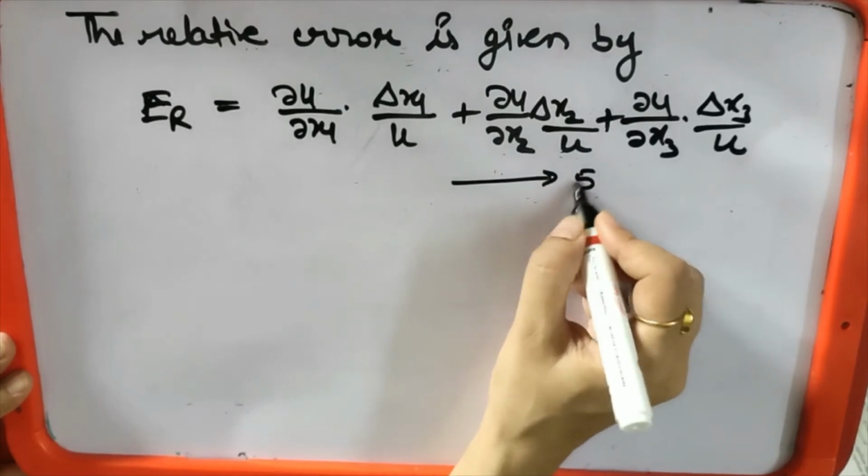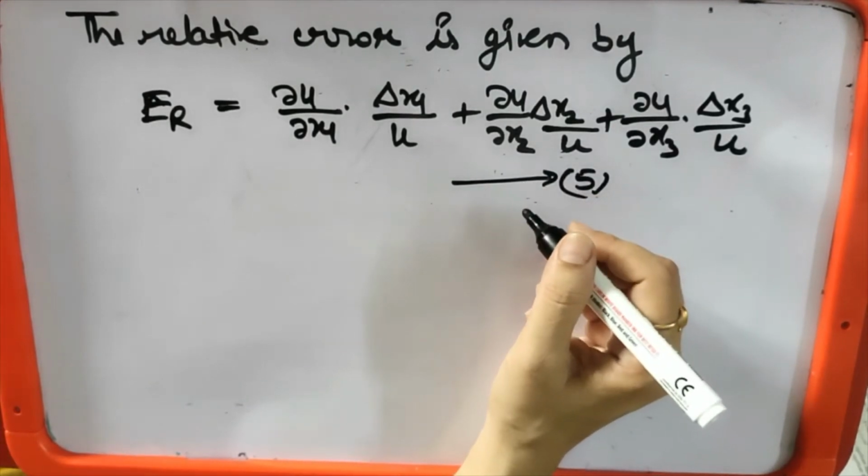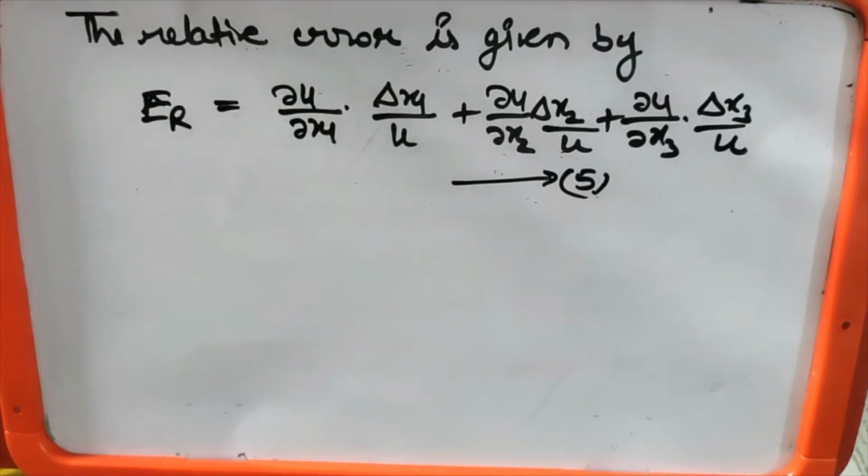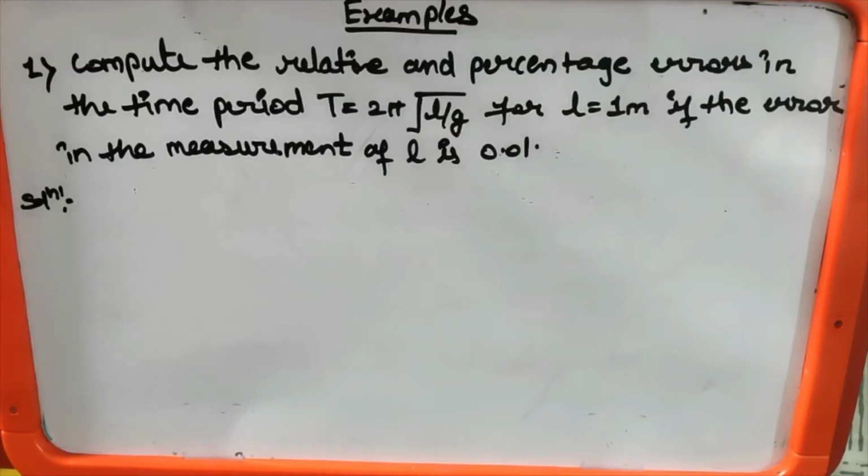This one is our equation number 5. So we can calculate the error and relative error in any formula or function by using these formulas. Now let's see some examples.